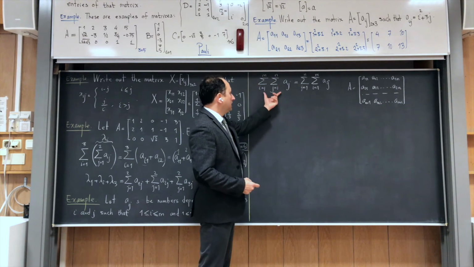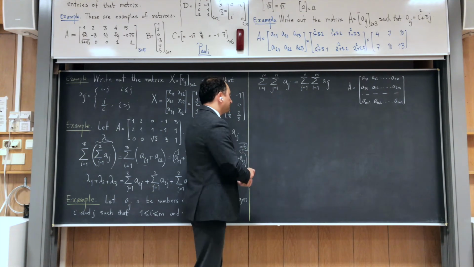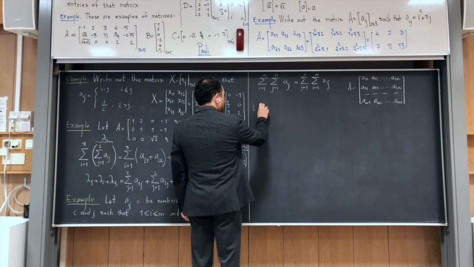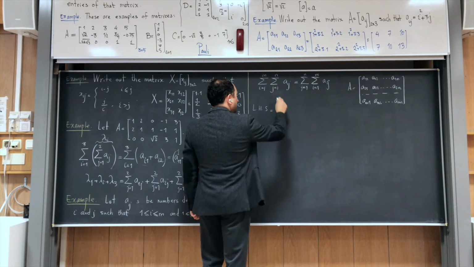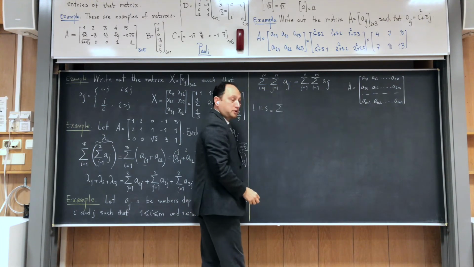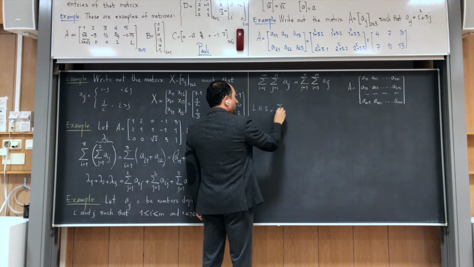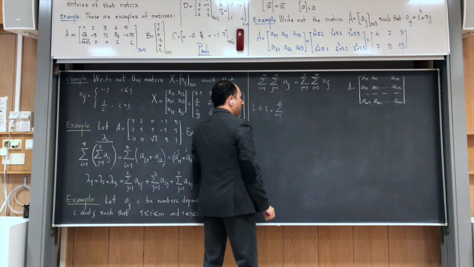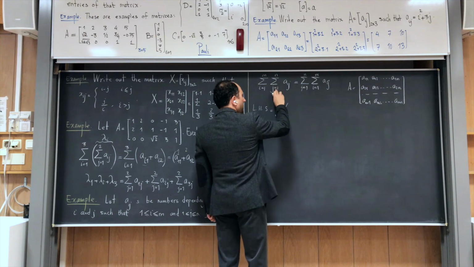For example, let us see what this means. The left-hand side is equal to sigma. Let me keep this sigma first and then open the inner sigma. So it becomes i from 1 to m. The first one, I open it by running j from 1 to n.